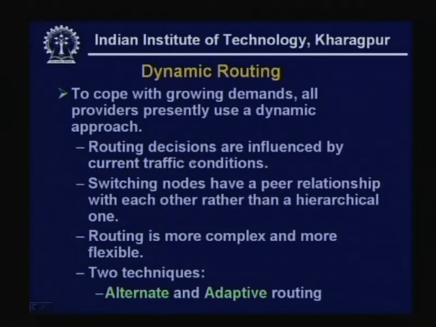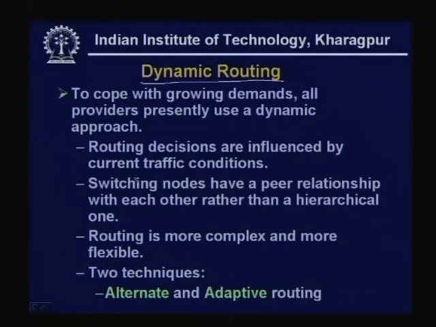And dynamic routing decisions are influenced by current traffic conditions. In dynamic routing, it is not fixed and static, it is based on the current traffic and conditions. So, switching nodes have a peer relationship with each other rather than a hierarchical one. That means in such a case it is not a hierarchical network. The switching nodes have peer relationships among all other nodes.